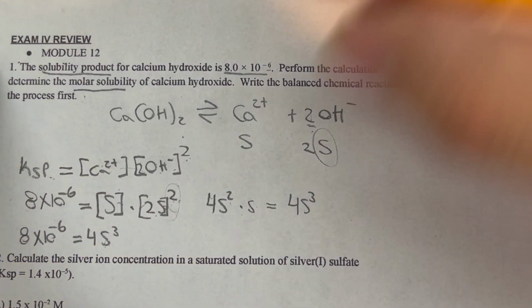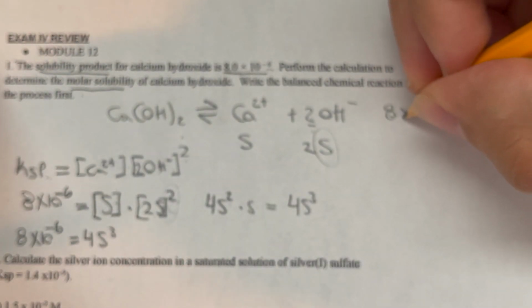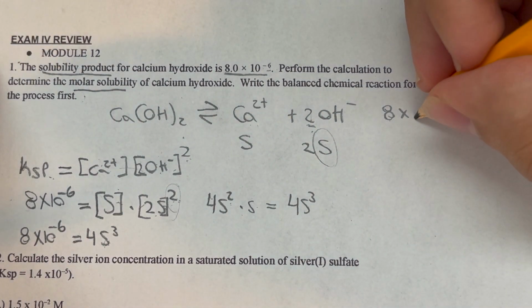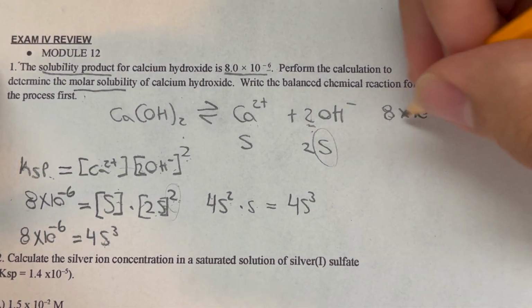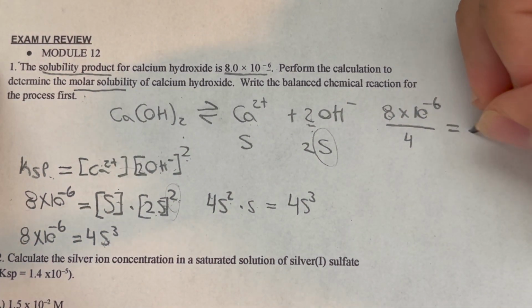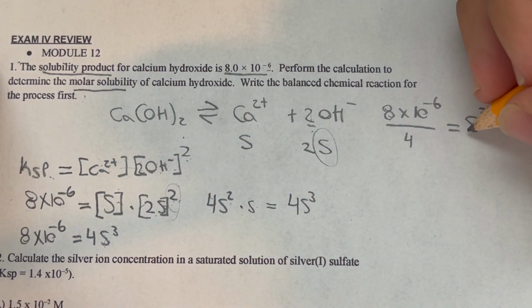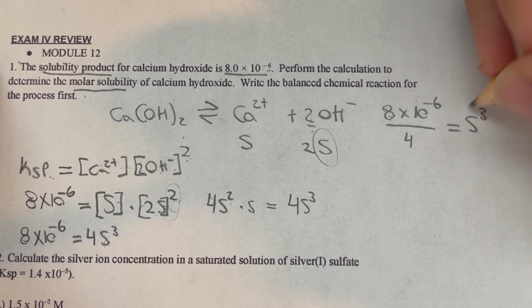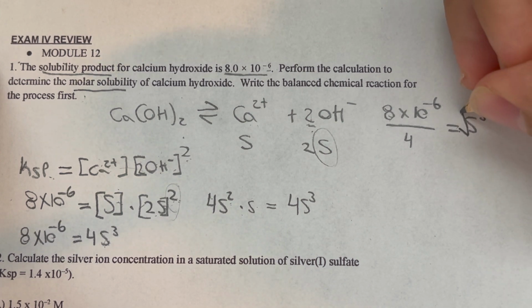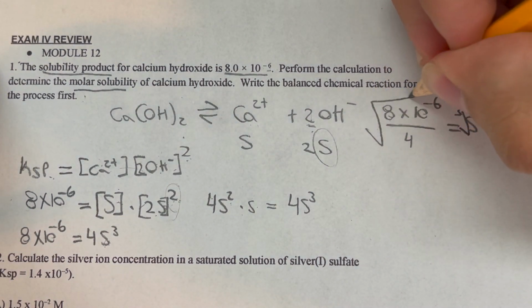So first, we're going to divide by 4 to cancel out the 4. So then it's going to be 8 times 10 to the negative 6 divided by 4 is equal to S cubed. Okay? Now, in order to get rid of this cube, we have to do the cube root, and we do that on both sides.